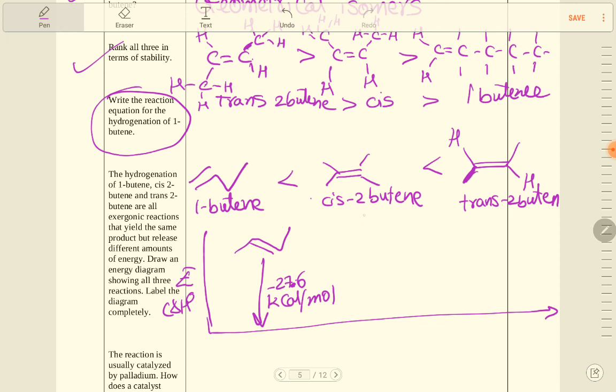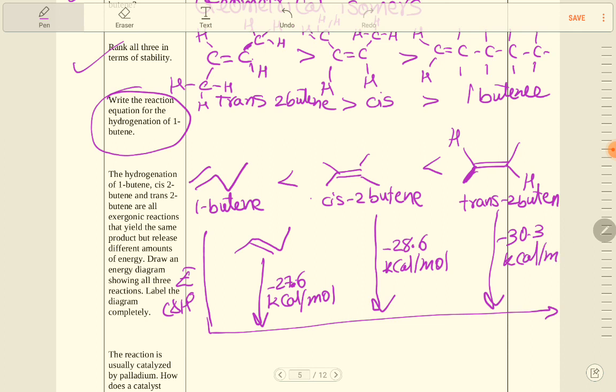Cis basically produces negative 28.6 kilocalories per mole. This one is negative 30.3 kilocalories per mole.